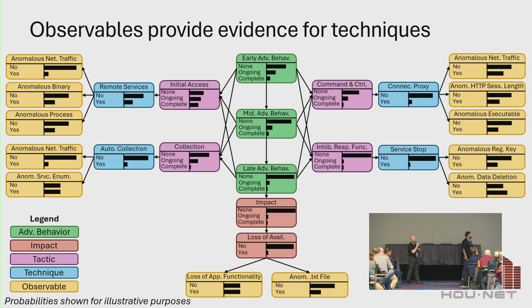So for example, if the user were interacting with this graphically, they might click on yes for a particular node to say we saw this observable, and then that evidence basically flows through the techniques, through the tactics, and then through the behavior phases to give you probabilities for each of these nodes. So probabilities of techniques, tactics, and adversary behavior.